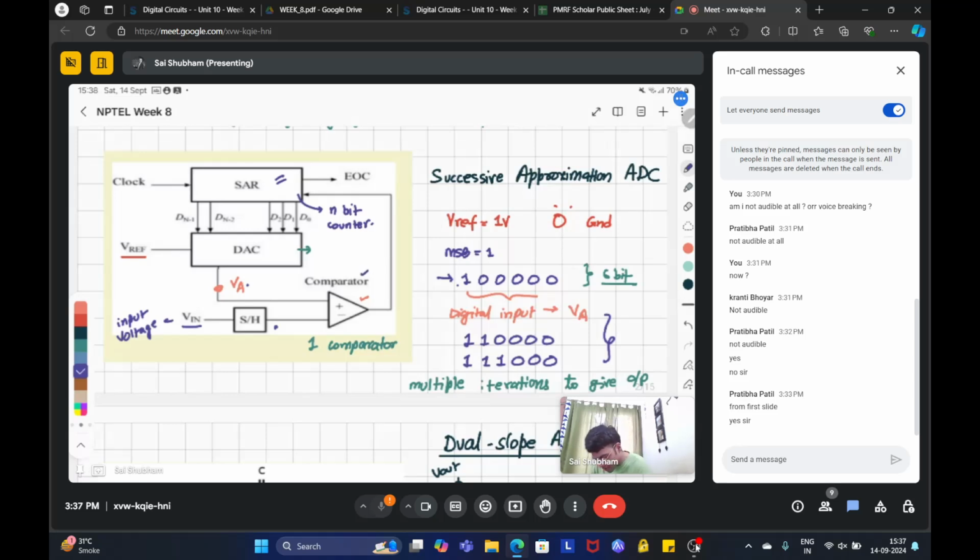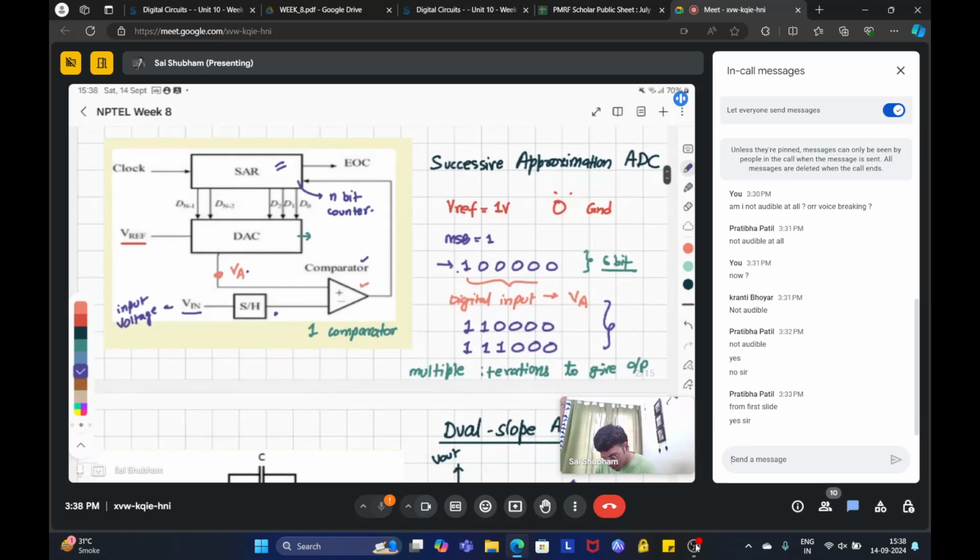The comparator compares VA with Vin. If it is 0, it gives the signal to the SAR logic, which accordingly updates the counter and gives you a new voltage VA. In that way, the comparison keeps going until you converge to the input voltage value.